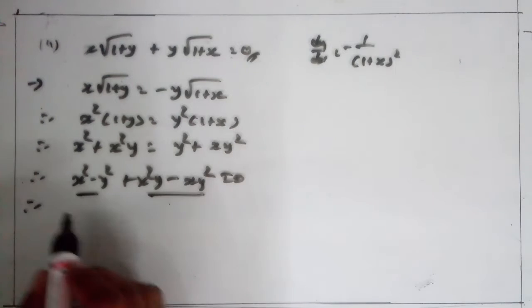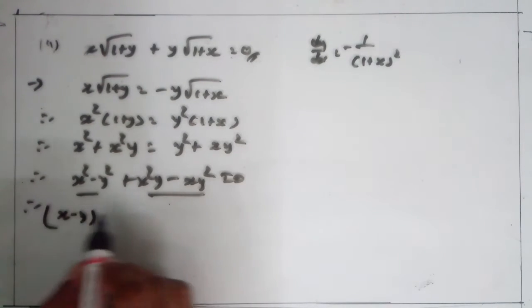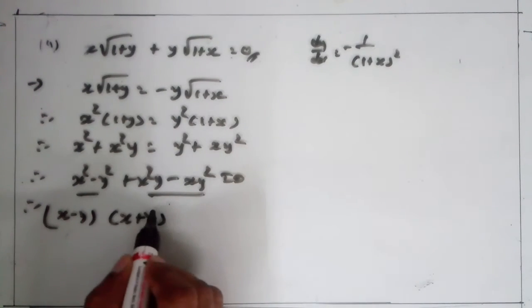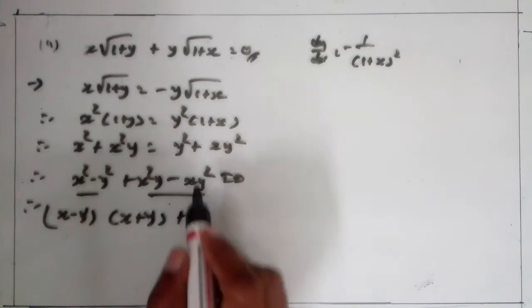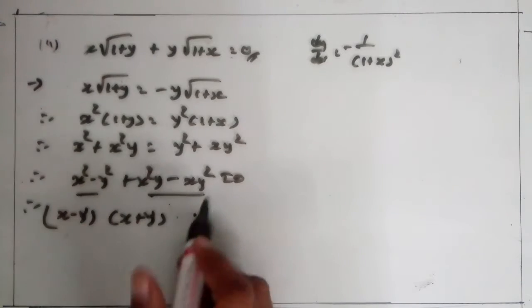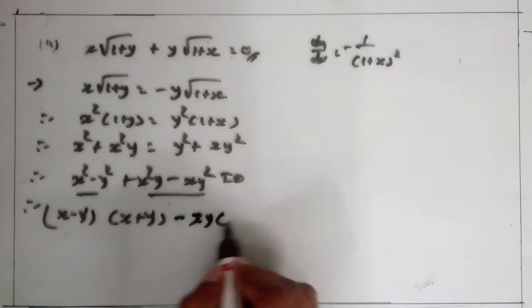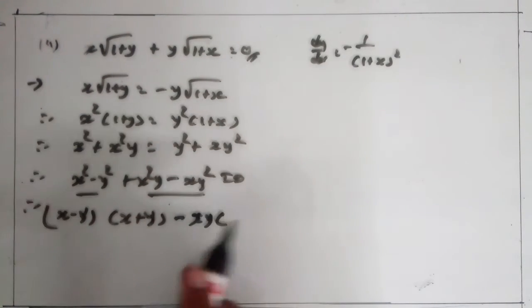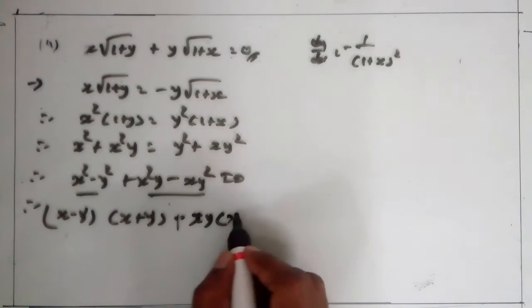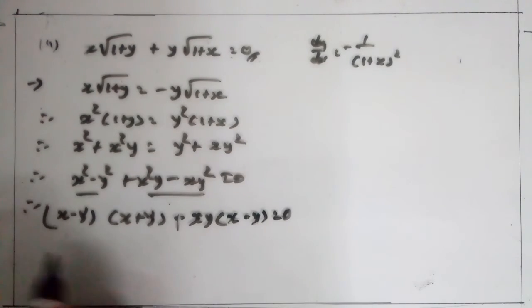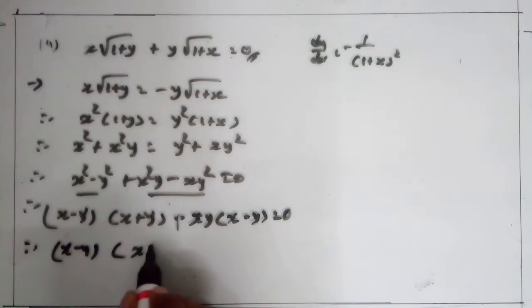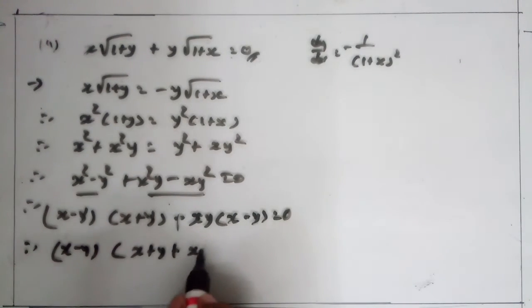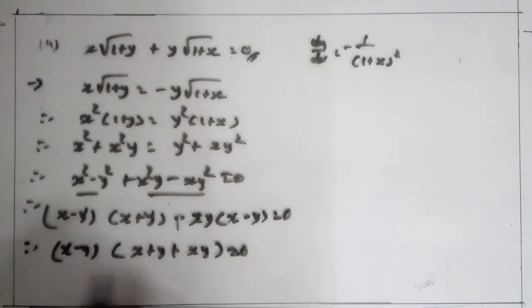Therefore factorize this: x minus y into x plus y, plus xy taking common, so xy into x minus y, equal to 0. Therefore x minus y taken common, the remaining terms in the bracket are x plus y plus x into y, equal to 0. Clear this?